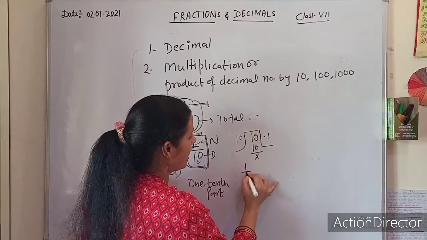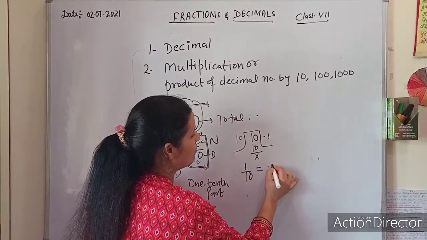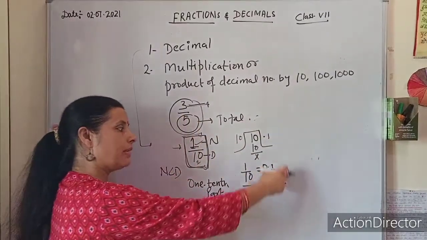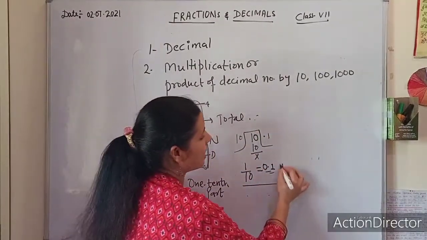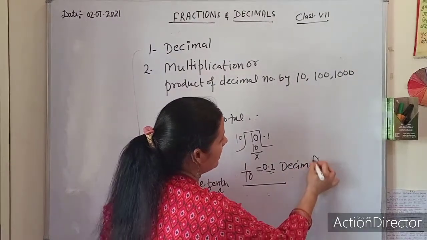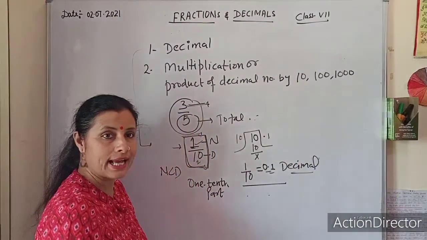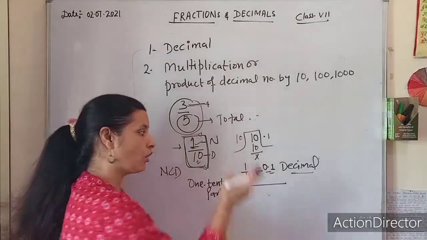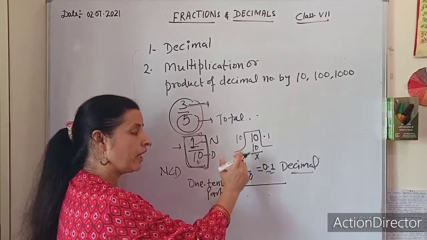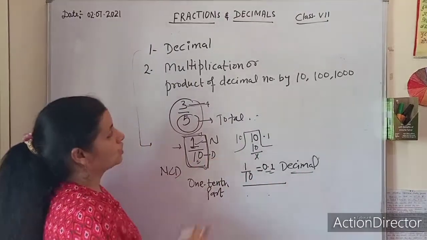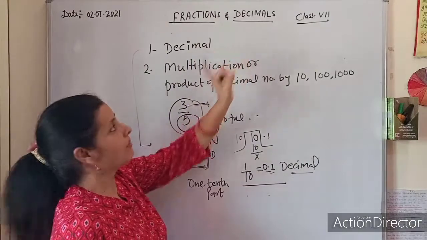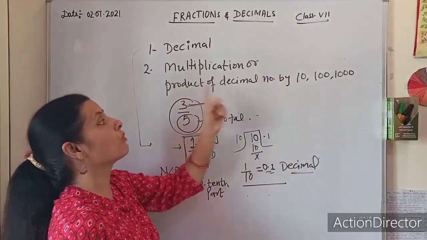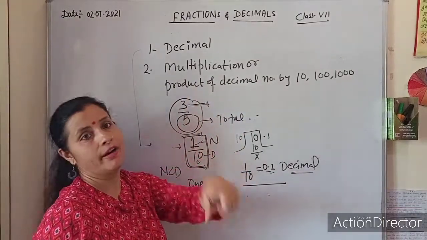It means 1 upon 10 is similar to 0.1, and this is our decimal. If you place the decimal, automatically it is adding 1 zero in the numerator part. Understood, beta? So that is our first concept. I think all have understood what decimal means. Now, multiplication or product of decimal numbers by 10, 100 and 1000.